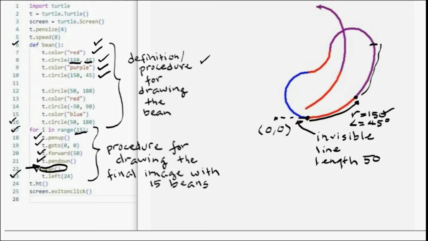The circle from which this arc is taken is having a radius of again 150, and the angle of generation is 45 degrees. So pretty much the generation of the red arc here.